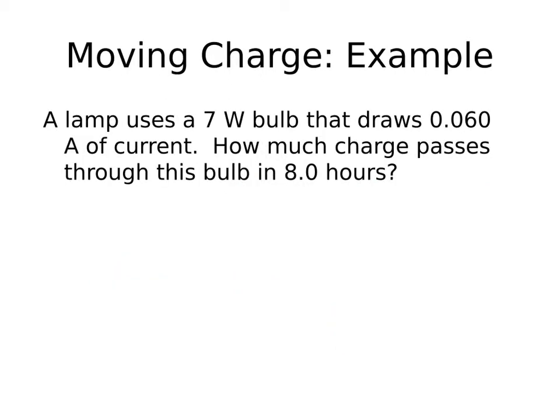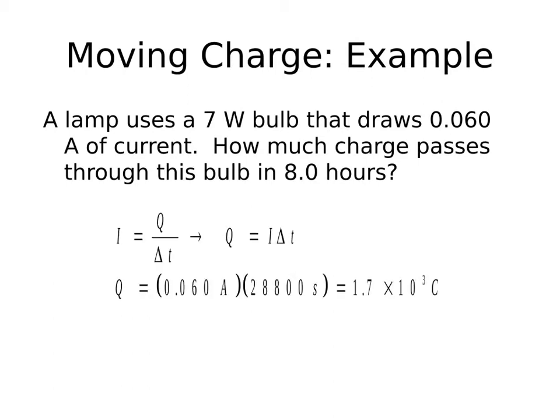Let's try an example. We've got a lamp that uses a 7-watt bulb, and it draws 0.060 amperes of current. How much charge must pass through the bulb in 8 hours? Well, let's try our new current equation, current equals charge divided by time, but we'll rearrange it because we need to get charge by itself.